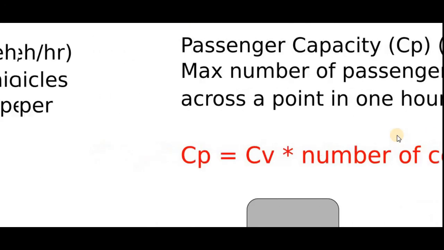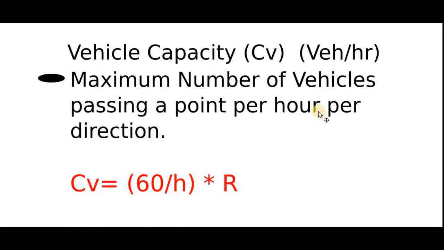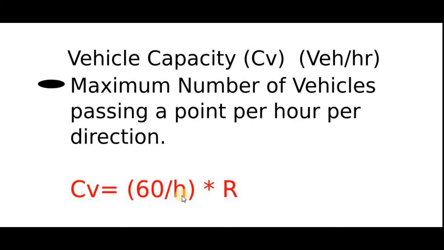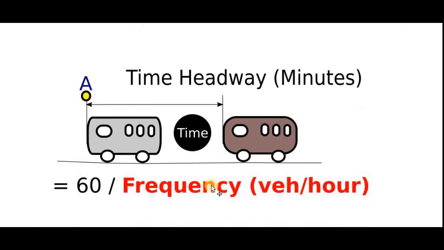Now let's go for vehicle capacity. Vehicle capacity is the maximum number of vehicles passing a point per hour per direction. Per direction is very important. And it has a very simple formula, 60 divided by h. Now, if you had paid attention over here, you know what that is. 60 by frequency is time headway.